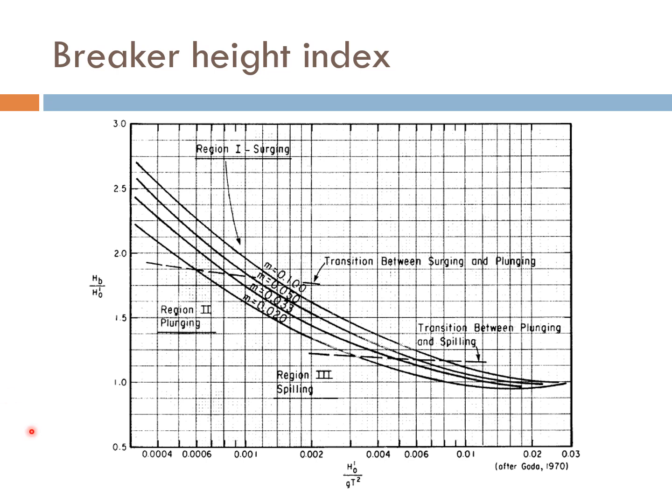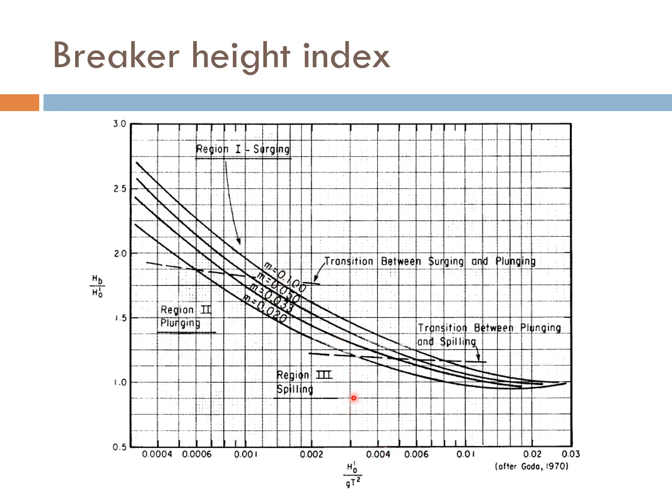This is the first chart to estimate the breaker height. We mentioned that we need to first calculate this dimensionless term, and what we want to read from the chart is the ratio of Hb over H0 prime. So if we have this value, we go to the correct slope curve. The different curves represent different beach slopes.